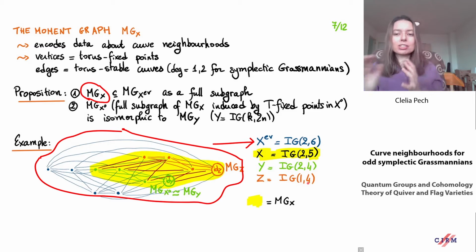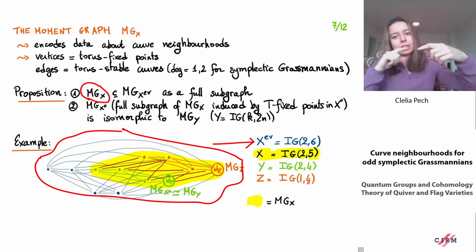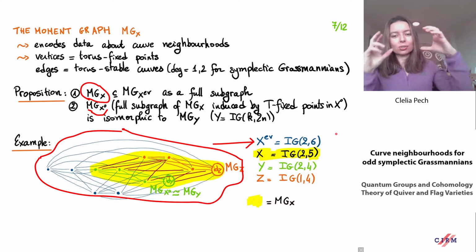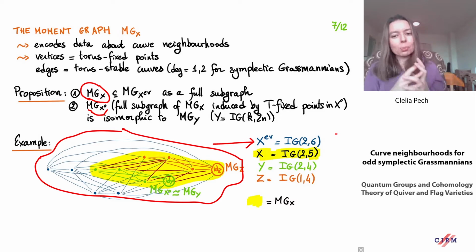And now what's very special is that the remaining vertices and the induced edges, I can call that the moment graph of the open orbit. More precisely, if I look at this full subgraph of the moment graph of the odd symplectic Grassmannian, induced by the torus fixed points that are in the open orbit, then it happens to be isomorphic to the moment graph of the other closed orbit.